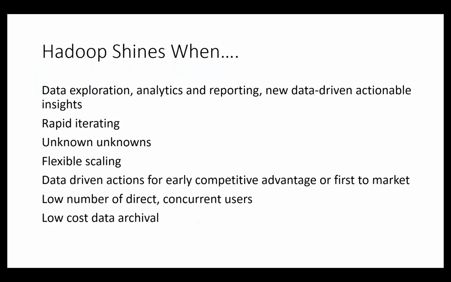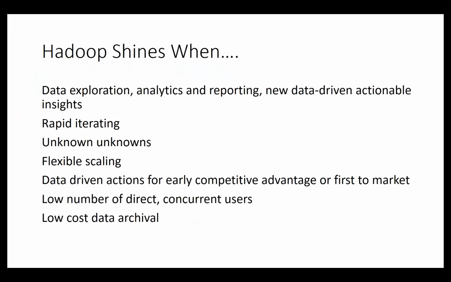If you're going to rapidly iterate through a bunch of unknown unknowns, you don't know what questions you're going to ask yet. You just have a bunch of data and you know there's something in there. You know there's something you want to go after. You know there's some insight you're looking for, but you're not sure exactly what it is. That's when Hadoop or one of the other scale-out technologies can be really wonderful. If you already know that where you place a product on the shelf matters, Analysis Services can solve that problem really well.